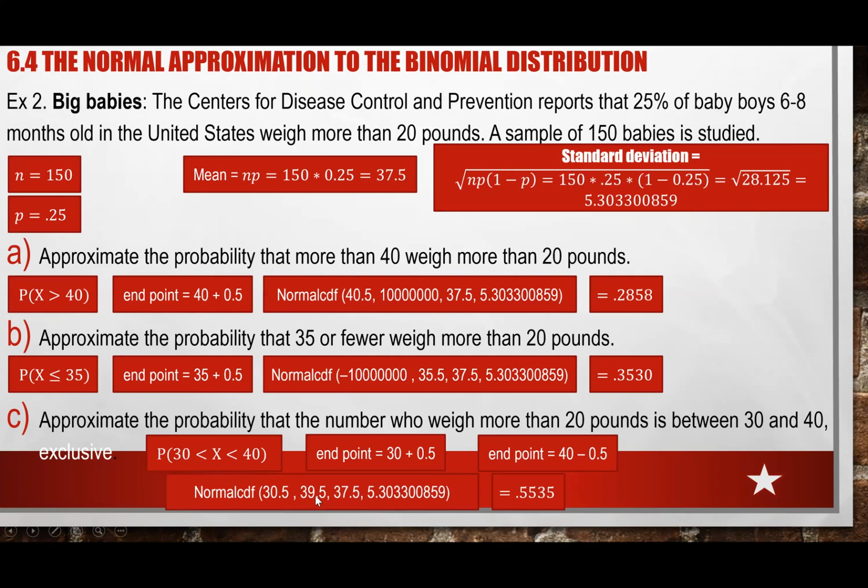And again, once you have this, this should be your answer, which is 0.5535. So a question with this particular problem here, in terms of how your problem will look like, how would it look like?